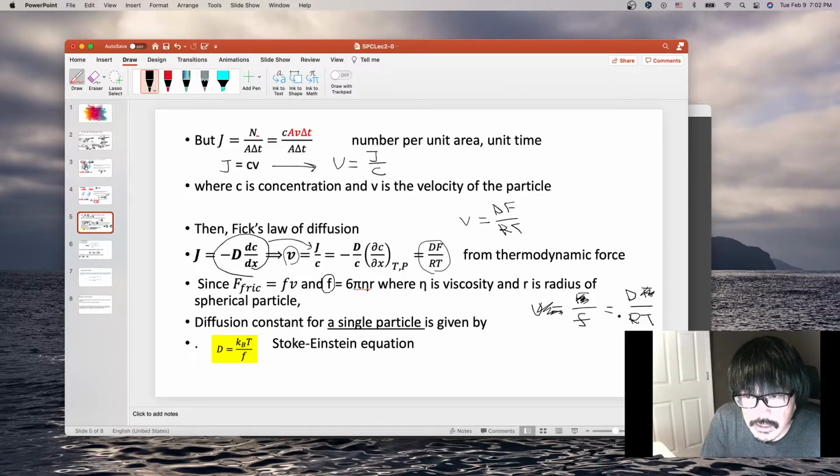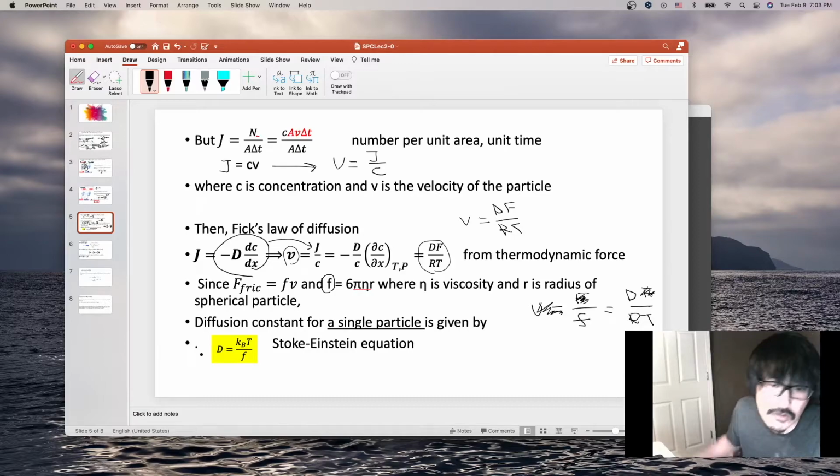And then you can actually multiply both sides by RT. Then D is equal to RT over f. Also D on a per particle basis. Remember that R is for the mole of the things, right? So on the per particle or per molecule basis, you can actually use these equations to get the diffusion constant.